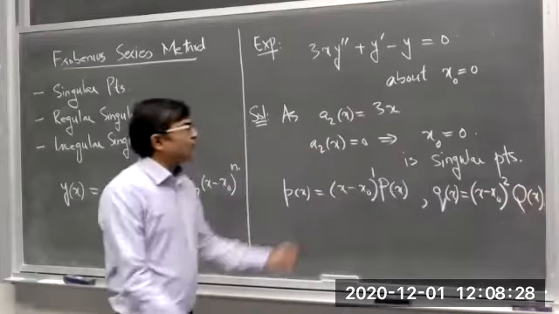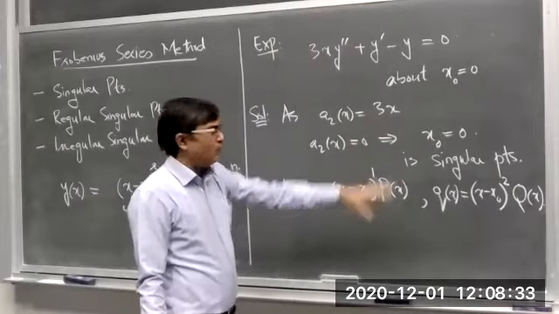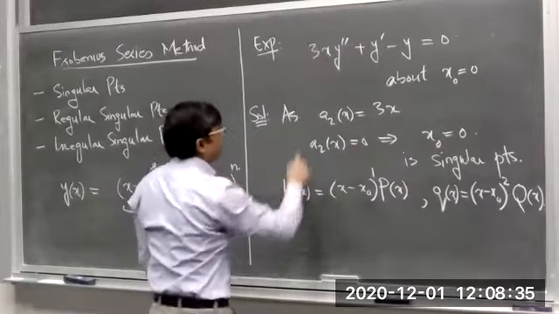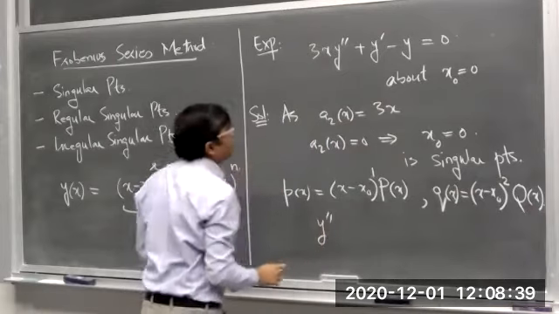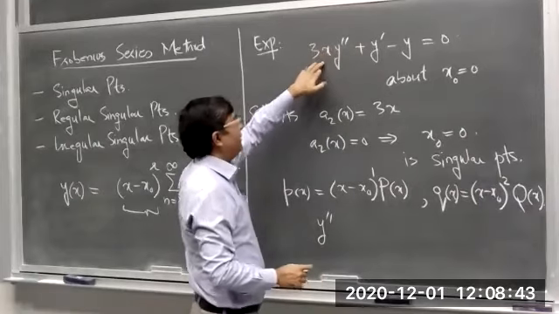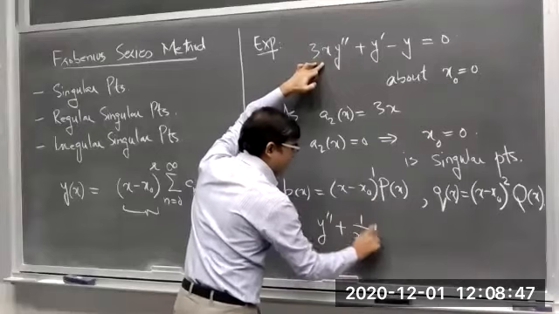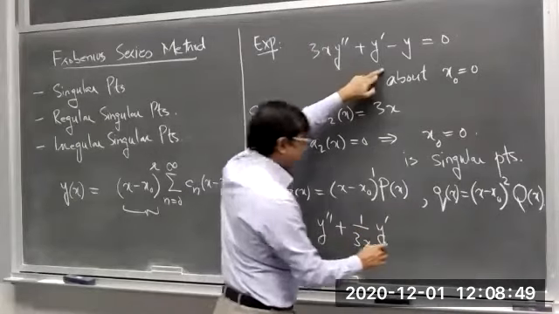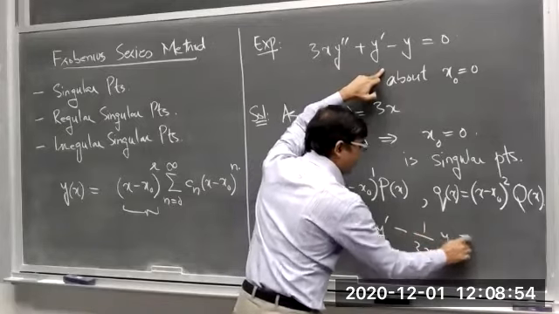We have to convert this differential equation first into standard form. We divide both sides by 3x, the coefficient of y double dash, so we obtain y double dash plus 1 by 3x y dash, minus 1 by 3x y equal to 0.